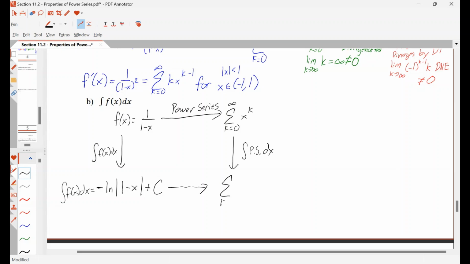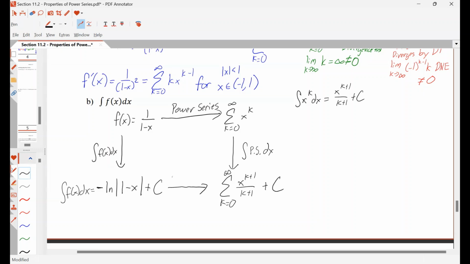And I will get k equals 0 to infinity. Recall the power rule, which I will add 1 and divide by it. So this will become x to the k plus 1 over k plus 1 plus c.